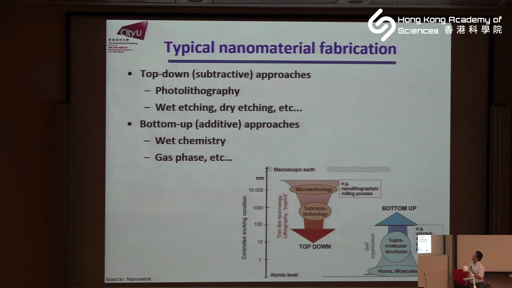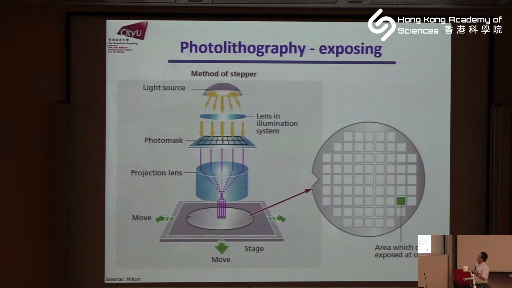As you can see, in top-down we have to use different important process steps, like what we call photolithography or etching. Photolithography is a very mature technology, and we are still using it right now when we fabricate a transistor in the CPU for an iPhone or computer. The concept is very simple.